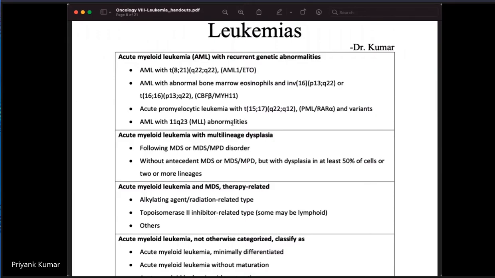Now, this we have already discussed, but AML with 11q23 MLL abnormalities. MLL encodes a histone methyltransferase that is critical for maintaining gene expression during embryonic development and hematopoiesis. So MLL gene translocation generates a chimeric MLL fusion protein that will directly bind to DNA and positively regulate gene transcription.